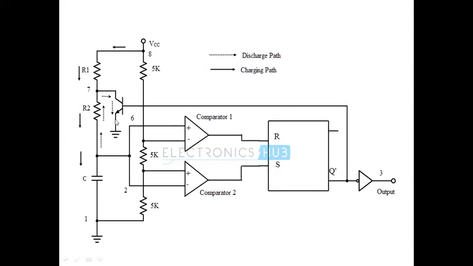Depending on the transistor condition, the capacitor charging and discharging depends. Whenever the transistor is on, the capacitor discharges. Whenever the transistor is off, the capacitor charges. The capacitor charges towards the supply voltage VCC by using the resistances R1 and R2. Whenever the transistor is on, the capacitor discharges to the ground potential by using the resistance R2.